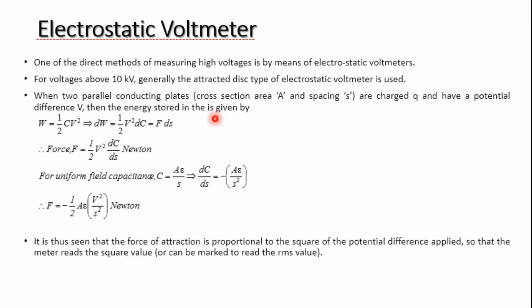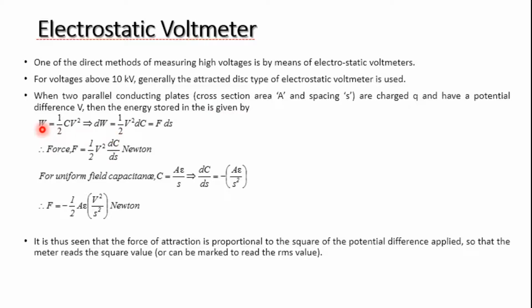We are varying the value of the capacitance by changing the distance between the two electrodes. By changing the distance between the two electrodes, the force exerted between the two elements will vary, resulting in a change in capacitance. So this capacitance value can be used for the measurement of the value of the voltage.